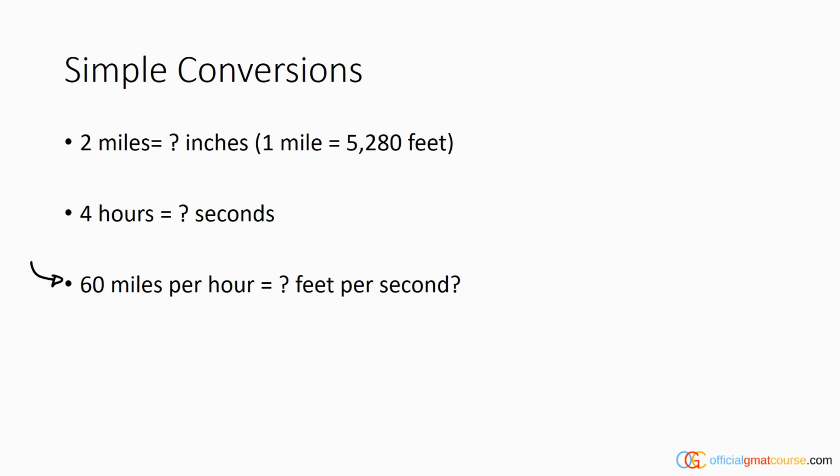2 miles equals how many inches? So I have 2 miles to start, and this is my conversion right here. Now I'm trying to end up in inches, so I need to divide by the conversion factor. So 1 mile, and the reason I'm dividing by miles is so that miles will cancel against miles, gives me 5280 feet.